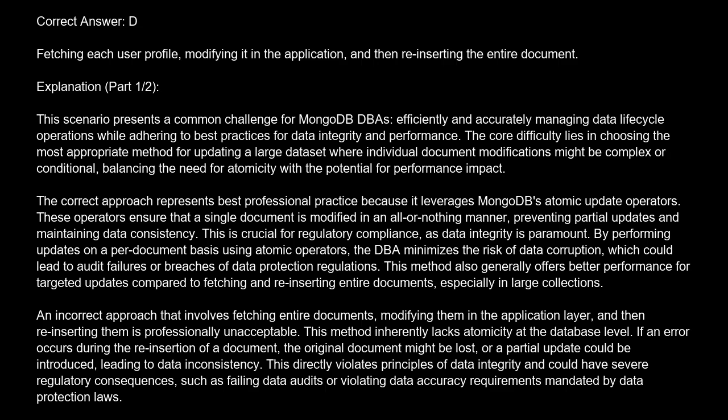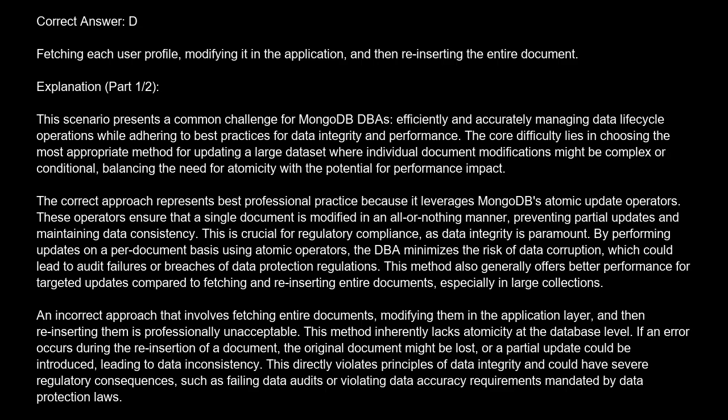This method also generally offers better performance for targeted updates compared to fetching and reinserting entire documents, especially in large collections. An incorrect approach that involves fetching entire documents, modifying them in the application layer, and then reinserting them is professionally unacceptable. This method inherently lacks atomicity at the database level. If an error occurs during the reinsertion of a document, the original document might be lost, or a partial update could be introduced, leading to data inconsistency.